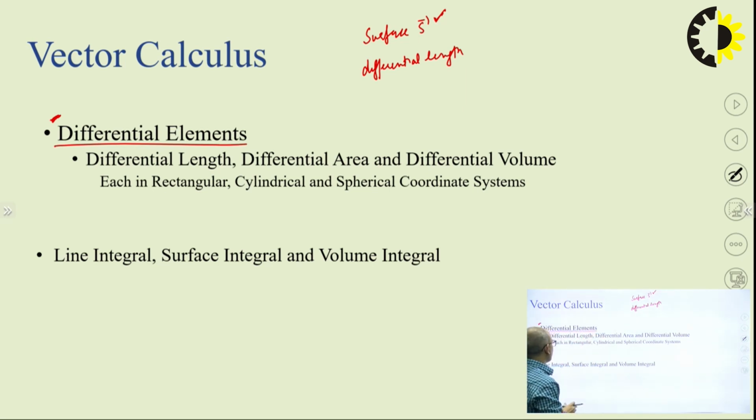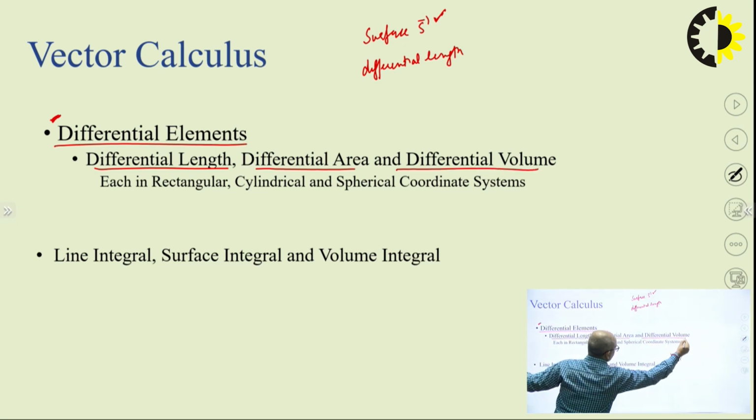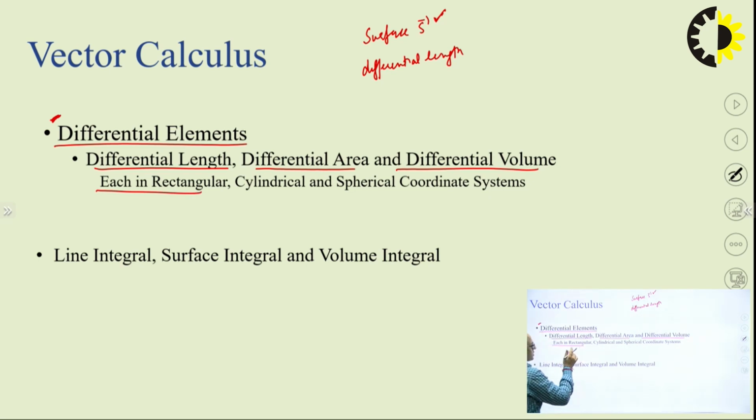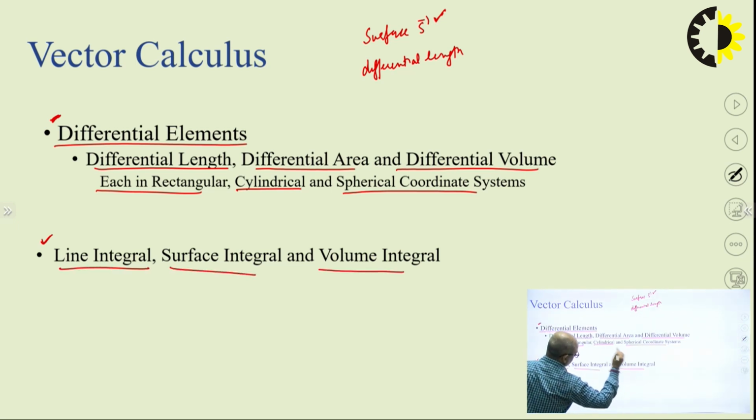There are three types of differential elements: differential length, differential area, and differential volume, and these exist in the rectangular coordinate system, and similarly for the cylindrical and spherical coordinate systems. Another topic is the integral: the line integral, surface integral, and volume integral.